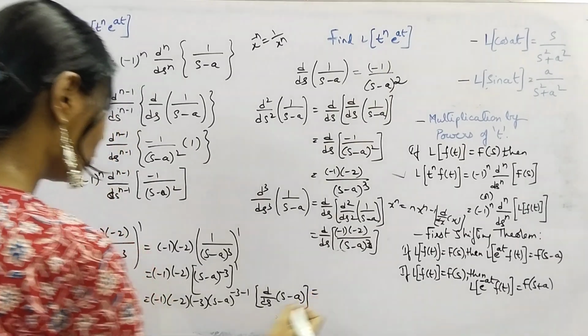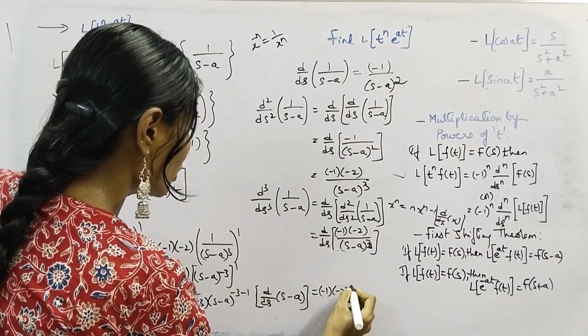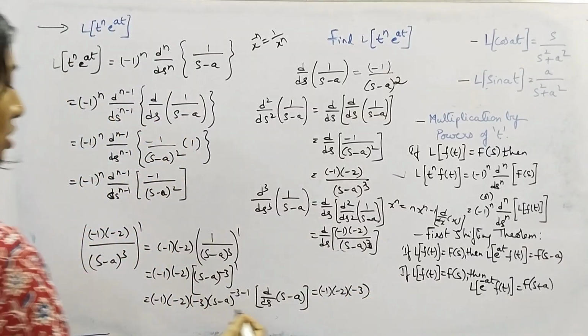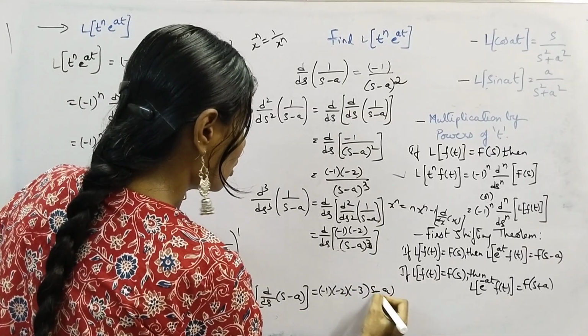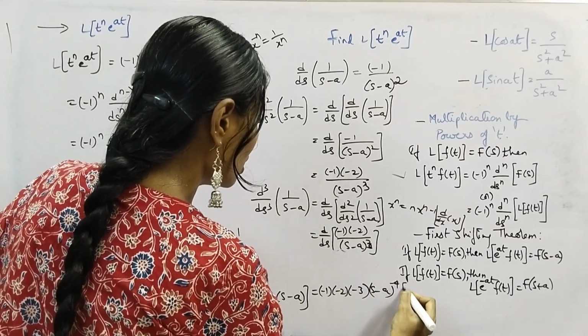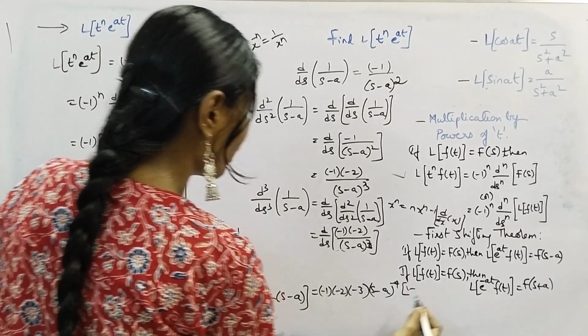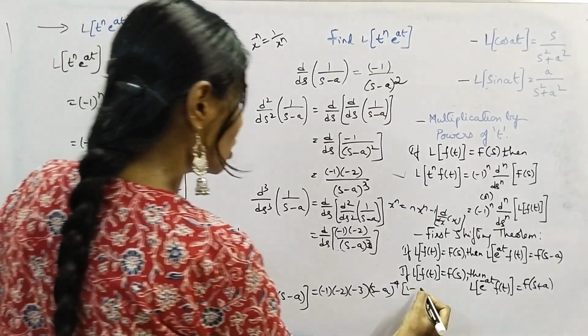Which gives us minus 1 into minus 2 into minus 3 into (s minus a) raised to the power minus 3 minus 1 is minus 4, into derivative of s with respect to s is 1, minus derivative of a with respect to s is 0.